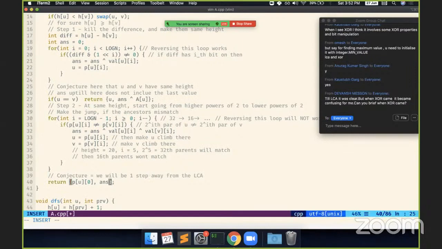And eventually, we'll again XOR answer with au, so I'll write this like this so that it's clear. And notice that we will be one step away. Because we are one step away, LCA has not been included in ans till now.